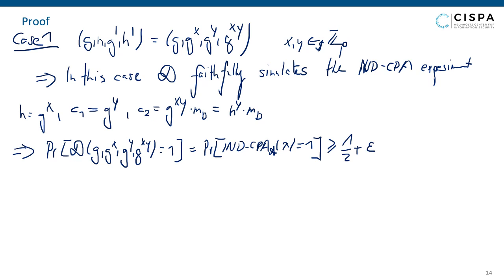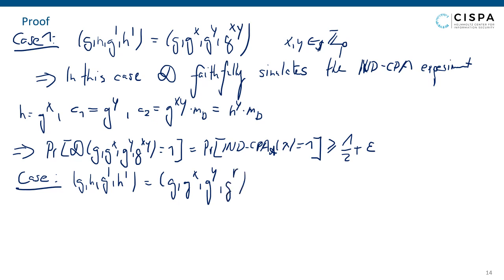Okay, now what's case 2? Now in case 2, of course, the input of our distinguisher G', H' is of the form G, G to the X, G to the Y, and G to the R, where X, Y, R are chosen uniformly random from ZP, right?